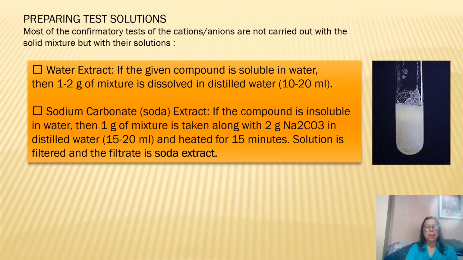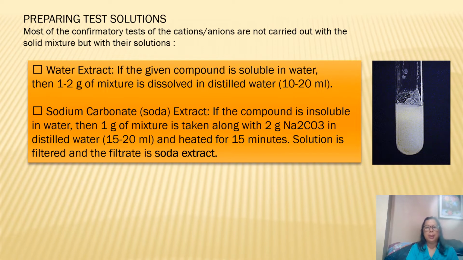Water extract is easy to prepare. You just simply get 1 ml or 1 gram of the mixture or the unknown, and then you dissolve it in 10 to 20 ml of water. Always use distilled water in the analytical laboratory.